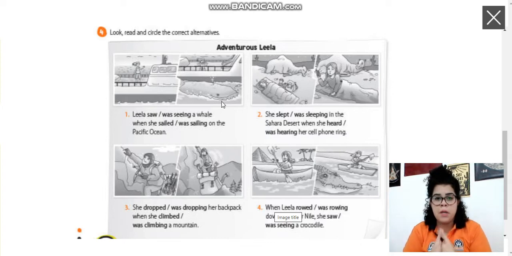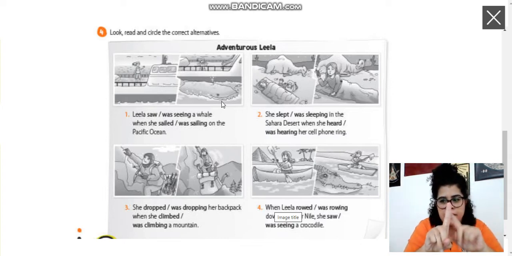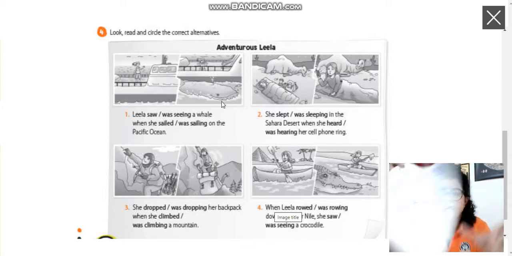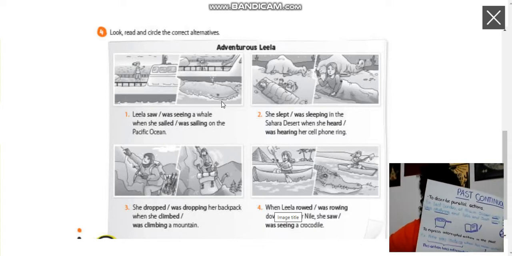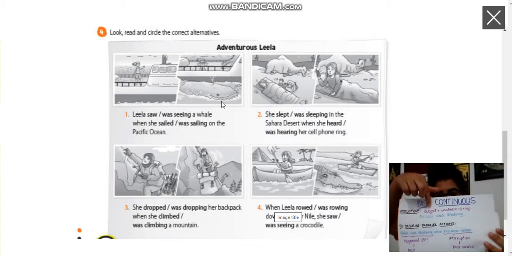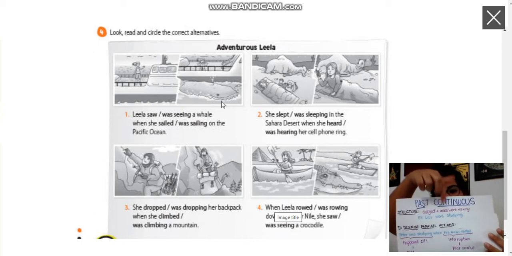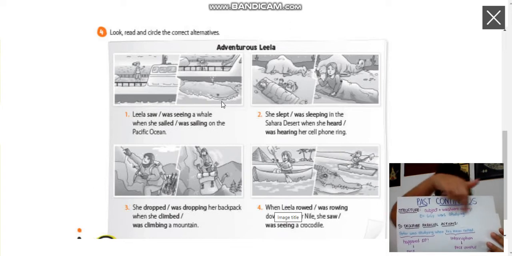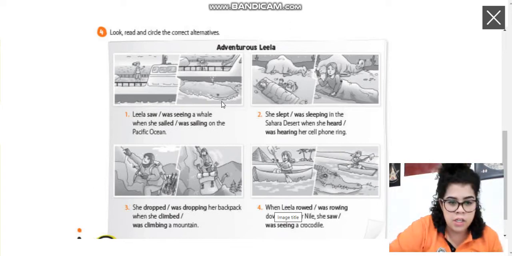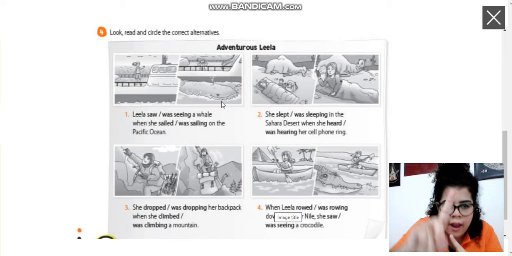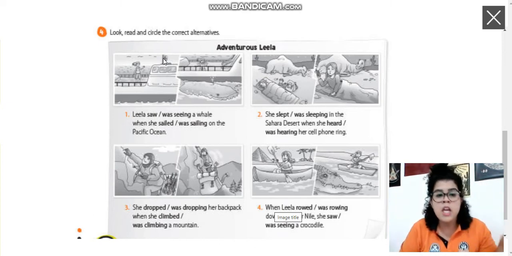So remember, for the first thing that happened, I have to use the past continuous structure. Remember, the subject, the was or were, the verb to be in the singular or plural, and then the verb with the -ing. So what happened first? First, she was sailing.